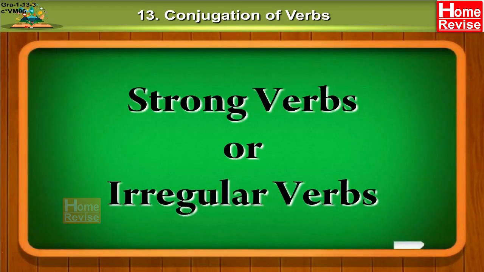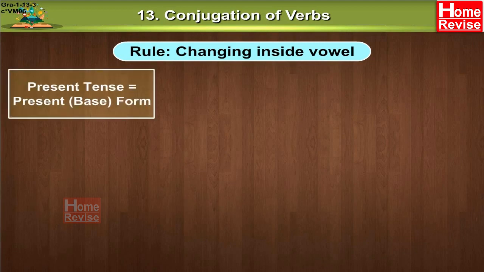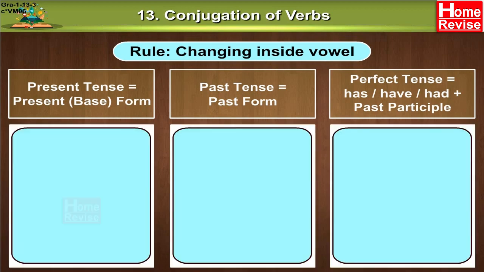Strong verbs or irregular verbs. Rule: changing inside vowel. Present base form, past, past participle. Abide, abode, abode. We have changed the inside vowel i to o.